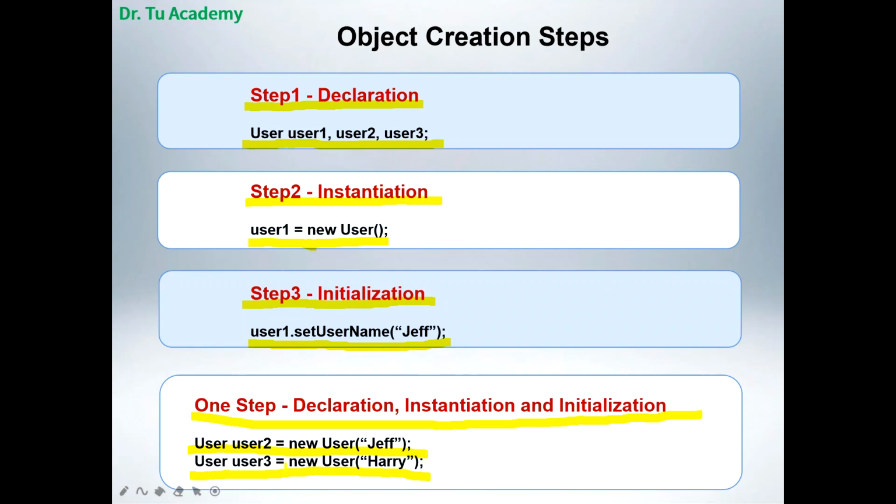Same as here, we create a second object, user3. We assign the value Harry to the username. So here we did all these 3 steps, 1, 2, 3, in one step.